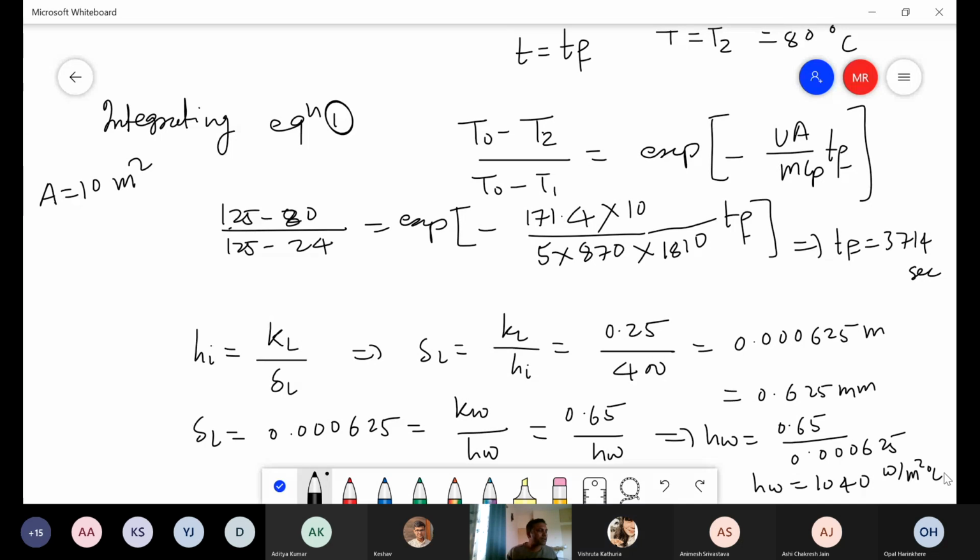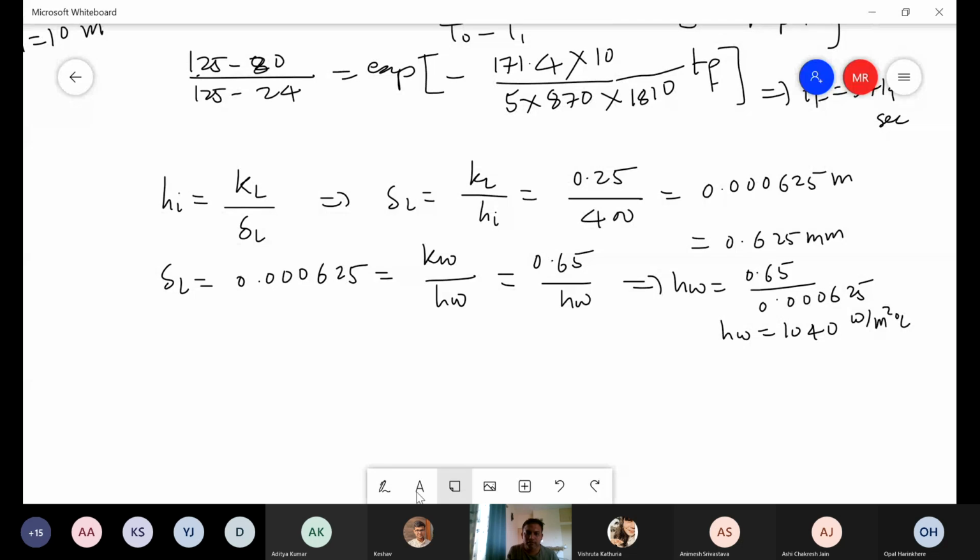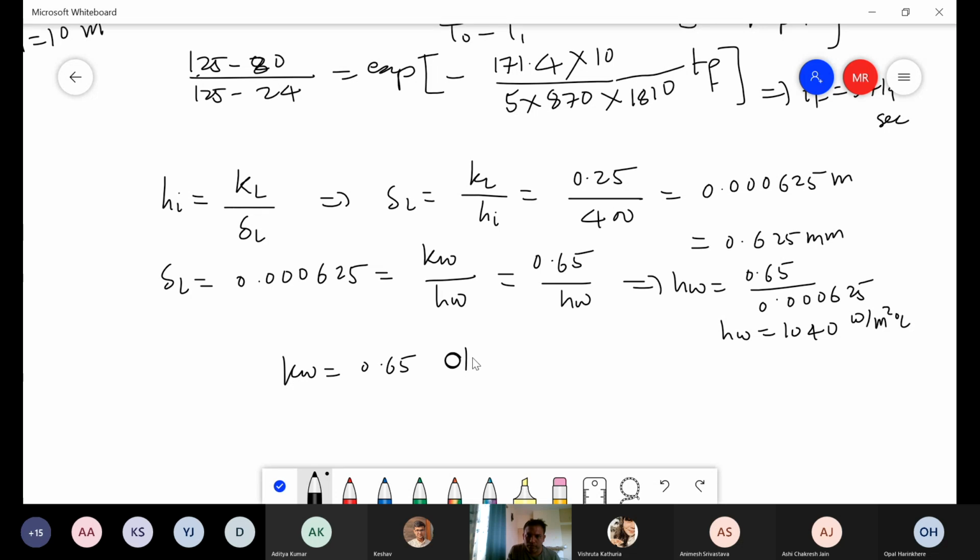So this is the second part of the question. Okay. So here I'll just write down Kw is given as 0.65 watt per meter degree Celsius. Okay. So these are both the parts of problem 1.